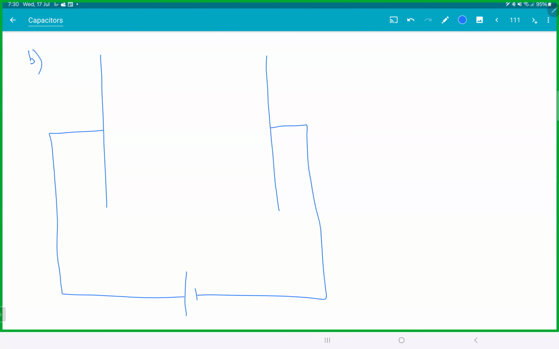So we have 2 plates here. Potential is there. Let's say this side is grounded, so basically this is 0 potential. This is x equals 0. This is x equals 5d.